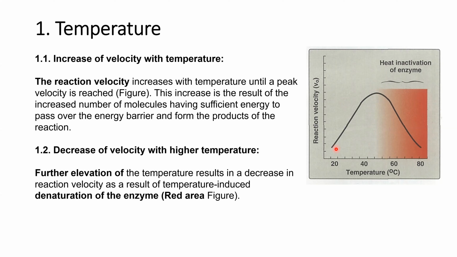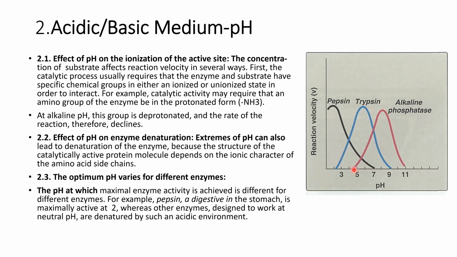So you can say now this is the curve shape when we plot the reaction velocity of an enzyme against the temperature. Now the second point is the pH change. If you just look at your own system, we have different pH levels for different systems.